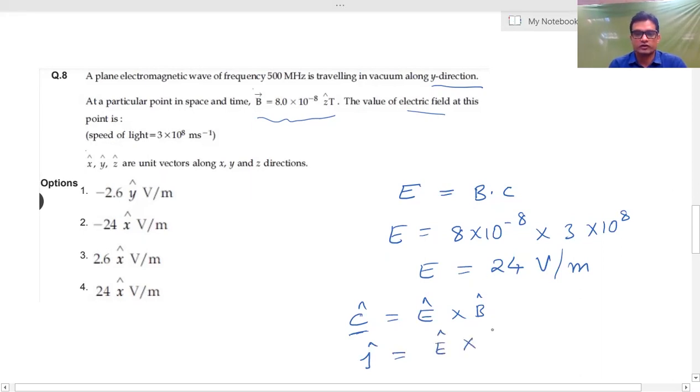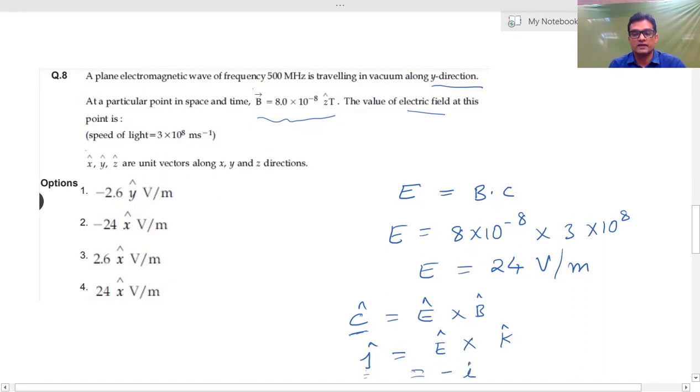I have to do the cross product with the direction of the magnetic field, which is k cap or z cap. For positive j, I will do i cross k. If we do i cross k, we get the negative y direction. So the electric field will be in minus i cap.